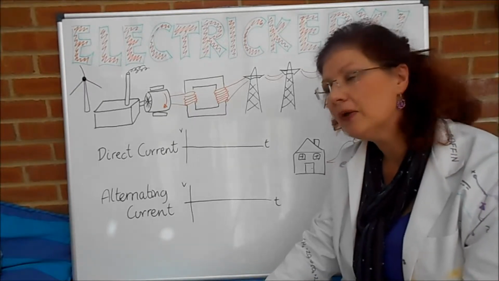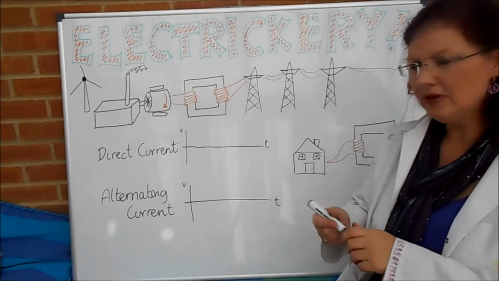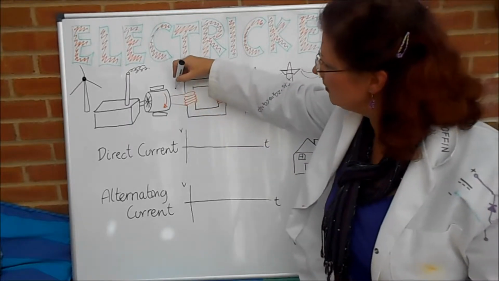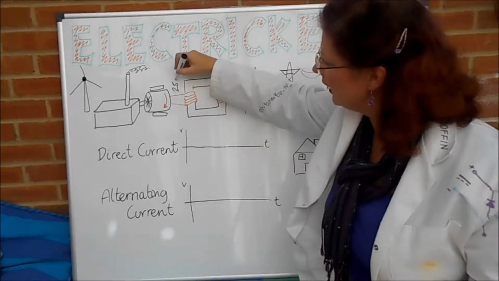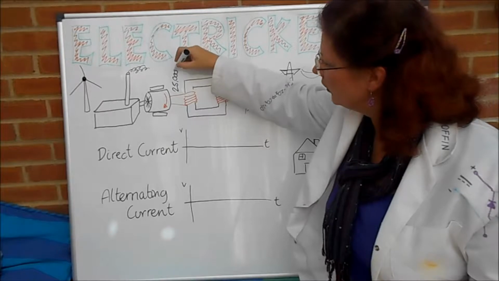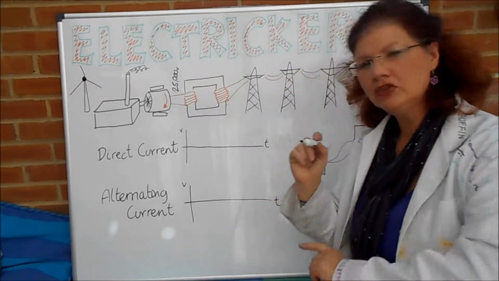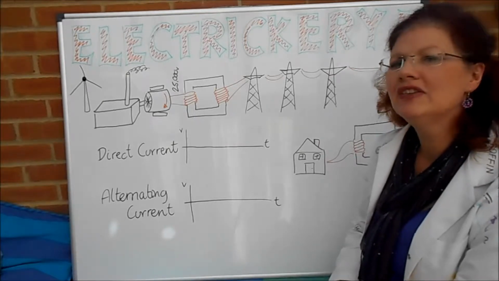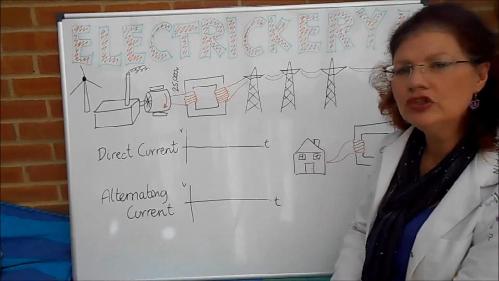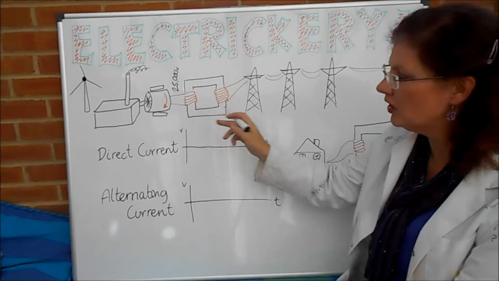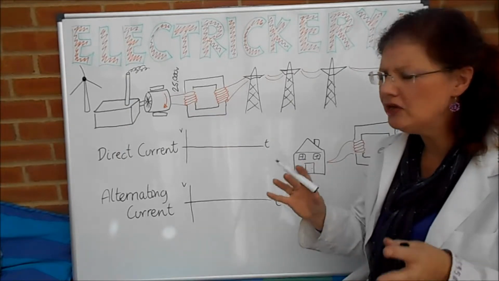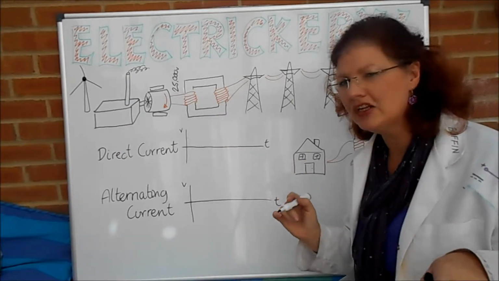Now, most power stations in Britain anyway generate electricity at somewhere round about the 25,000 volts, which is a lot of volts. But strangely, even though they're generated at such high voltage, the next thing you do is you transform it. You use the transformers. That's not transformers, robots in disguise, not that kind of transformers.